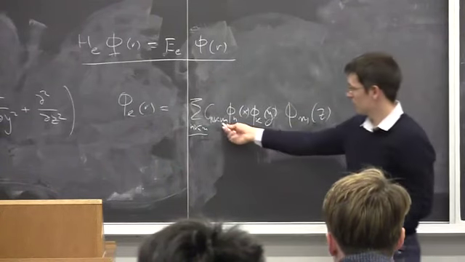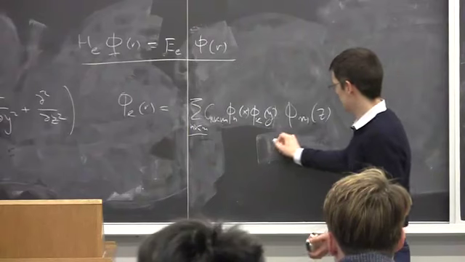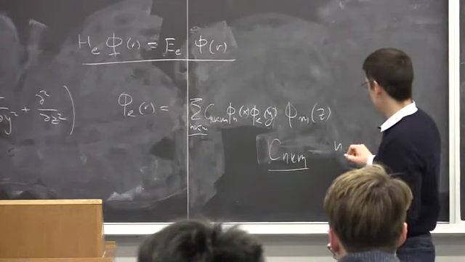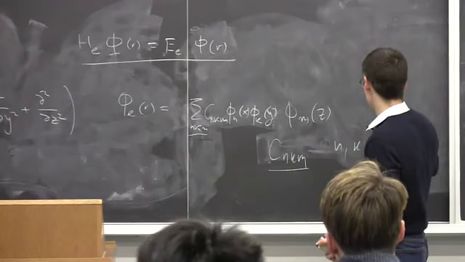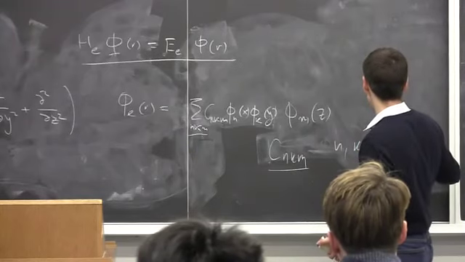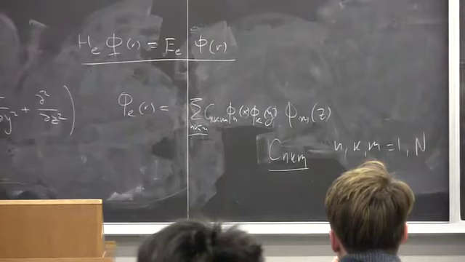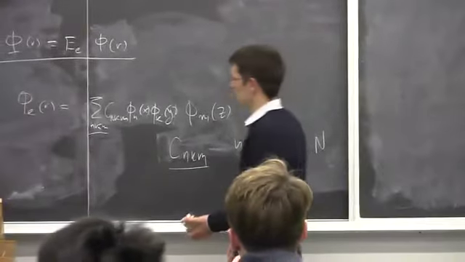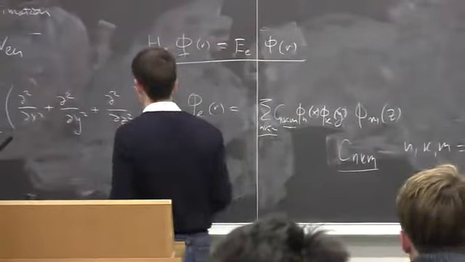And then you have the whole tensor of coefficients to optimize, where n, k, m all run from 1 to some big number N. Okay? And we can formulate equations on them, but that would be complicated.